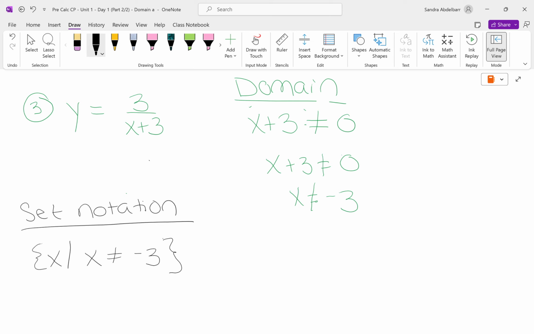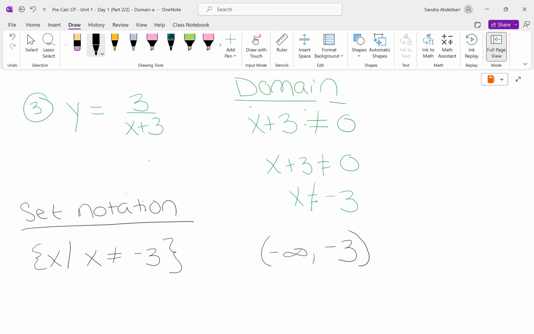Yeah, the only number it can't equal is -3. So the furthest left is -infinity. And then we're going to go from -infinity all the way to what number? But it can still be like -3.5, right? It just can't equal -3. So we're going to go from -infinity all the way to -3.